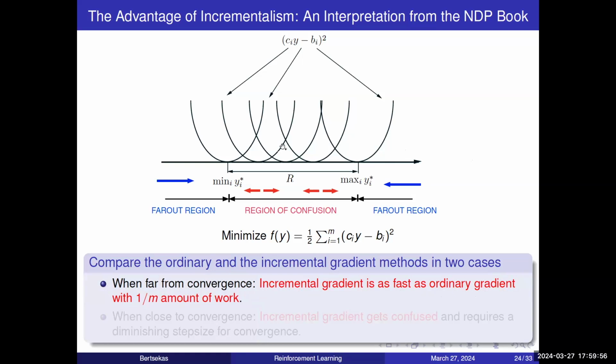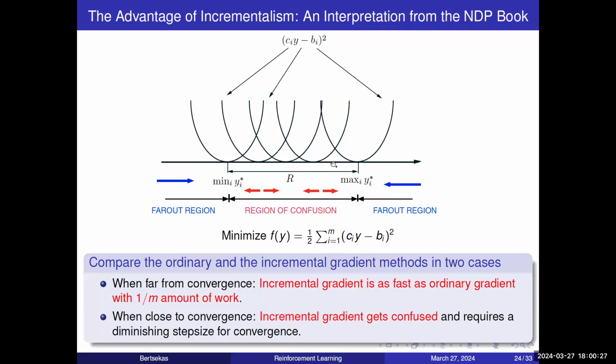That is, you need to move to the left in order to have the cost reduced. But of course, contrary to the ordinary gradient method, you only compute the gradient of one component, which is a lot of computational saving.